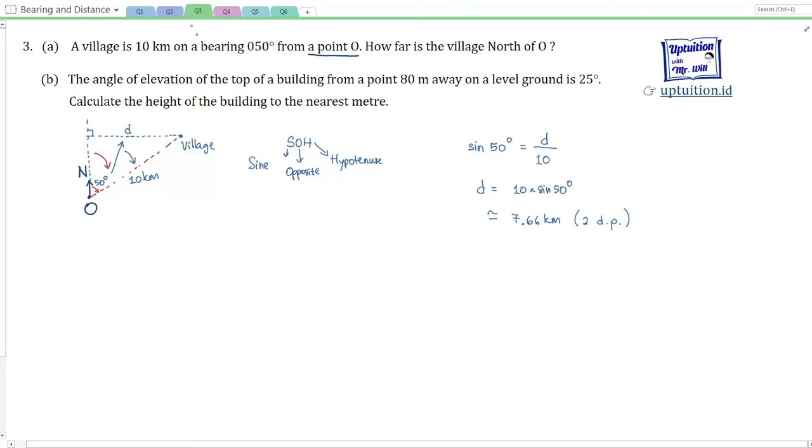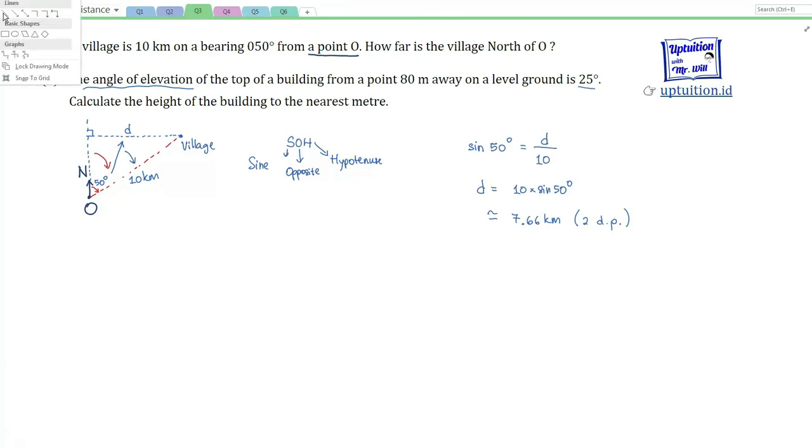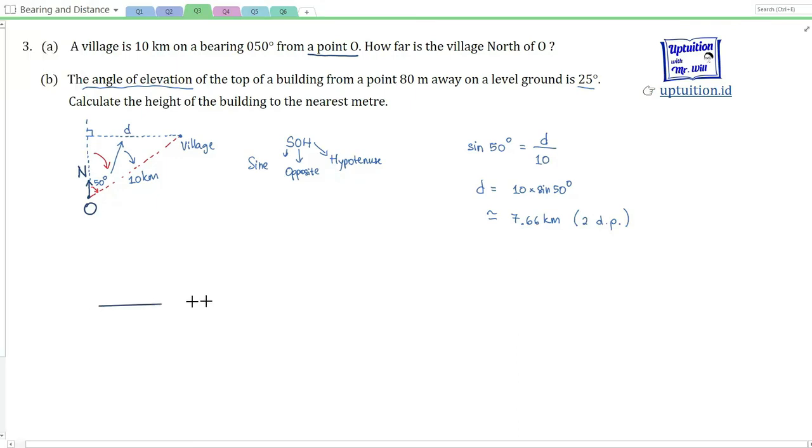So you have the angle of elevation and also the distance. First of all, let me draw it, like how you solve for angle of elevation. You draw the horizontal line, which is basically your ground.